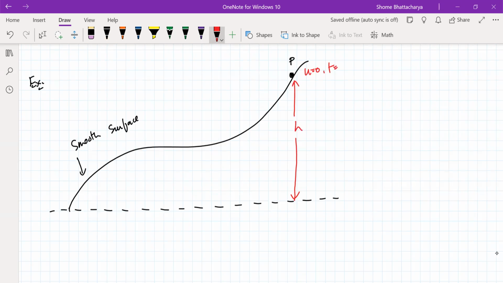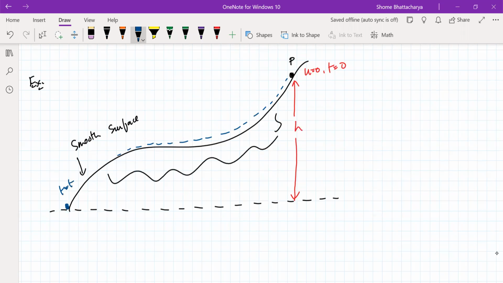Obviously this comes sliding down this surface, and then eventually at some point of time is going to come here and strike the ground with the speed v.